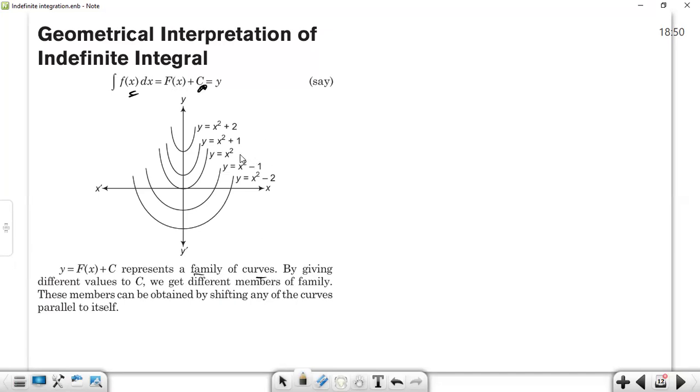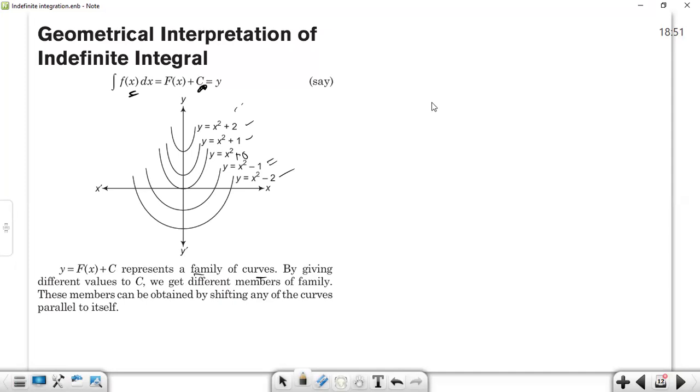Where the constant value can be 0, 1, 2, 3, or also minus 1, minus 2, minus 3. So this is representing a family of curves because c is indefinite to us, and it will be definite once we have certain other conditions, or when we will be discussing definite integration. Is this clear, everyone?